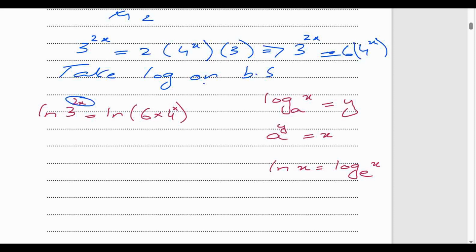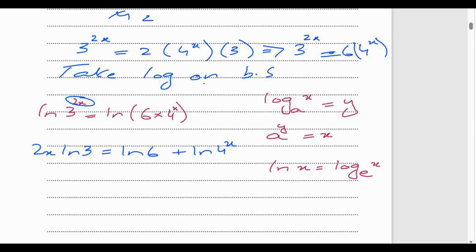We will write it as, 2x we will take to the start. So this will be equal to 2x into log of 3 is equal to, now here both are multiplying, so we will add it. So log of 6 plus log of 4 power x.